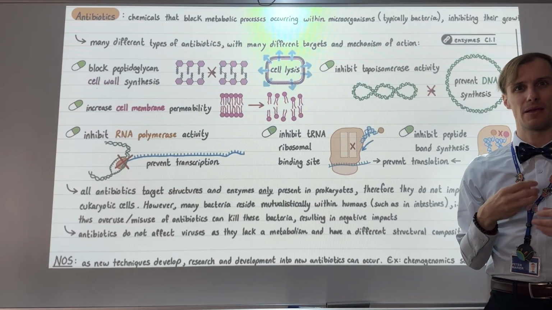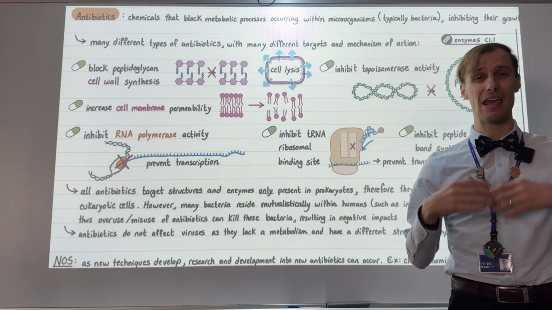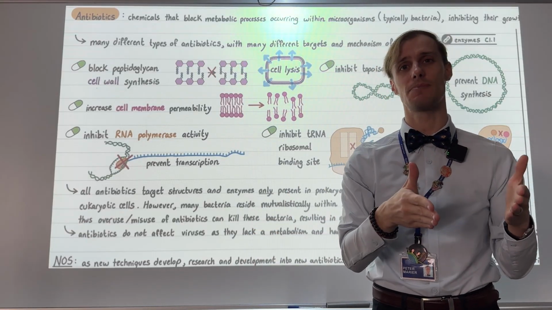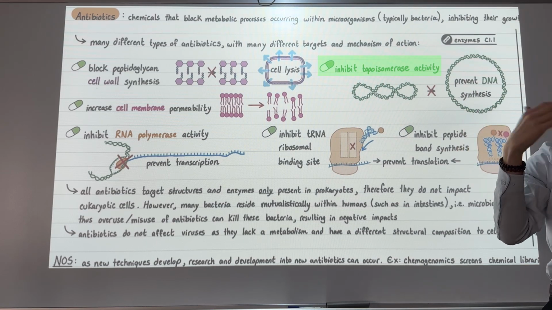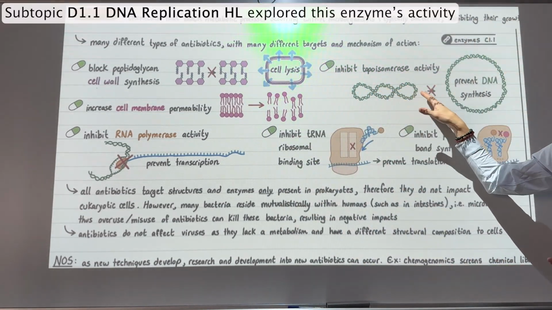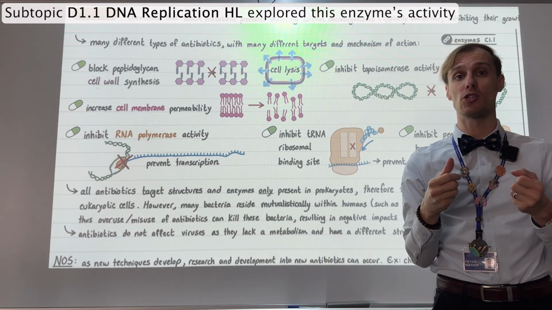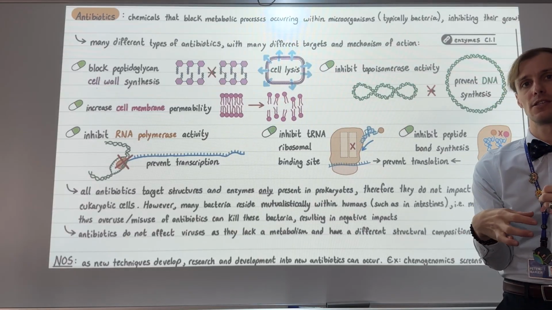One of the aspects that makes bacterial infection so taxing on the body is that they're able to replicate very, very quickly. So some antibiotics actually target this aspect of their metabolism. So they can actually target certain enzymes that are required for DNA replication, such as topoisomerase activity. This enzyme actually causes the DNA chromosome to unsupercoil and thus allows DNA synthesis to occur.